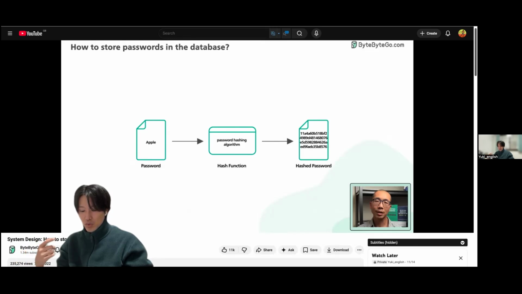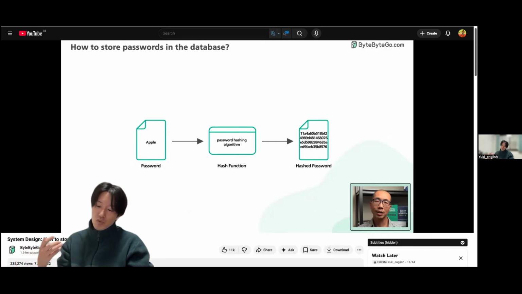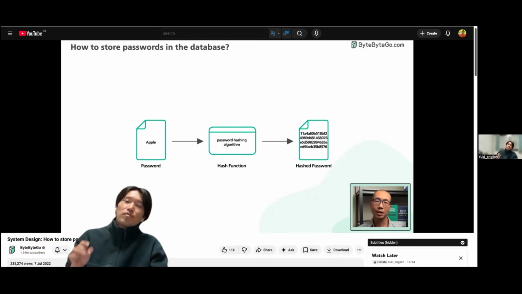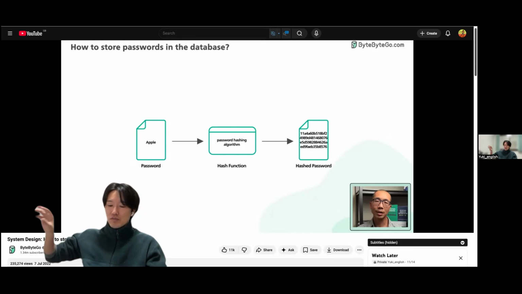So what should we do to safely store passwords in the database? I confused the order of this sentence structure.